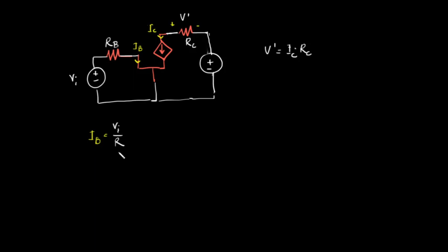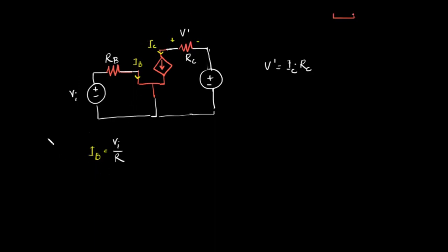So using a resistance at the input, we can convert an input voltage signal to a current signal, and using a resistance at the output, we can convert an output current signal to a voltage signal. What we are doing is converting a voltage signal to a current signal at the input, then that current signal is being amplified to produce IC, and again using another resistor we are producing an output voltage signal.